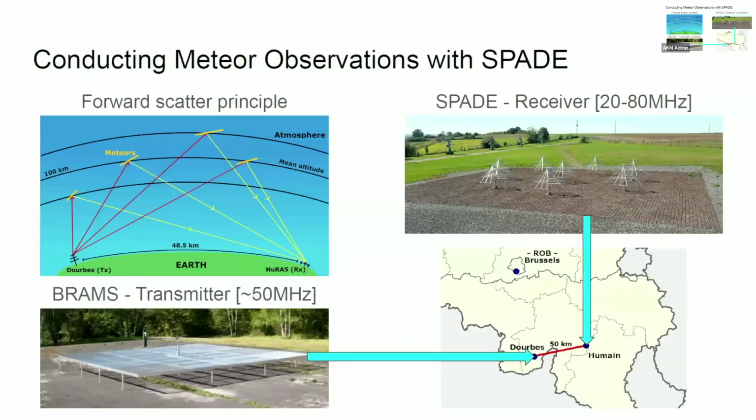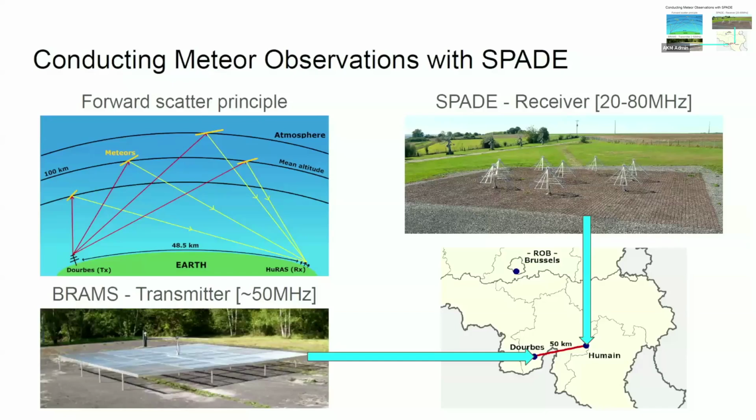So to observe meteors with SPADE, we use the forward scatter principle. This principle is to transmit a signal that will illuminate the sky, and this signal will be reflected on the meteors and will be catched by SPADE.